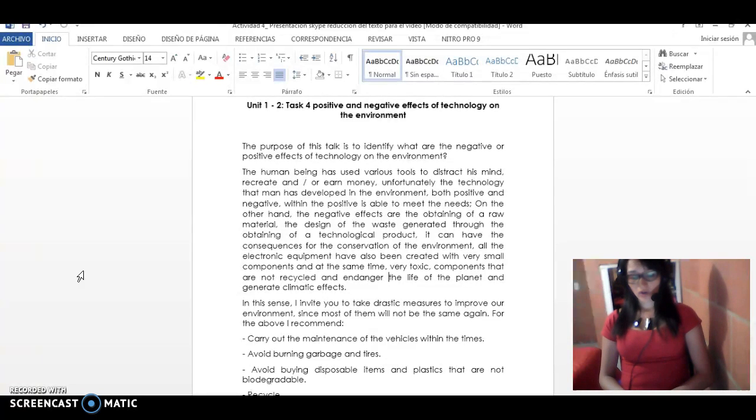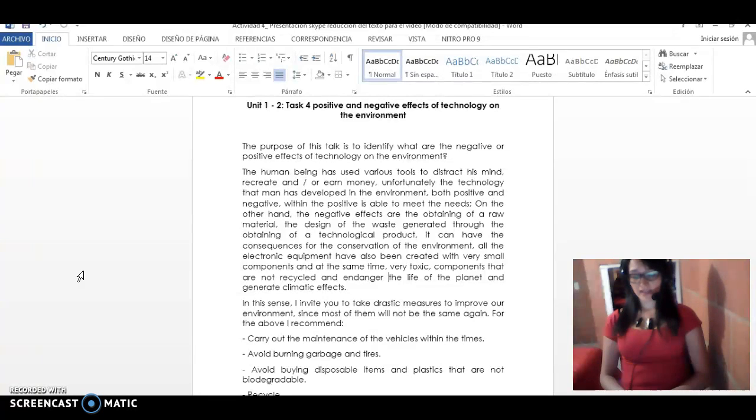obtaining of raw material, the design of the waste generated through the obtaining of a technological product. It can have consequences for the conservation of the environment.